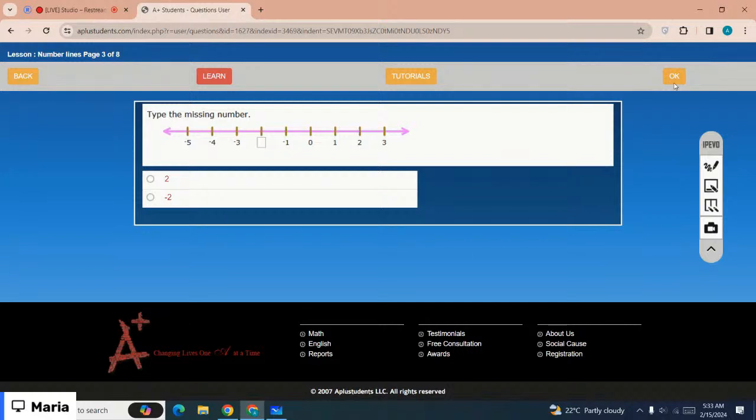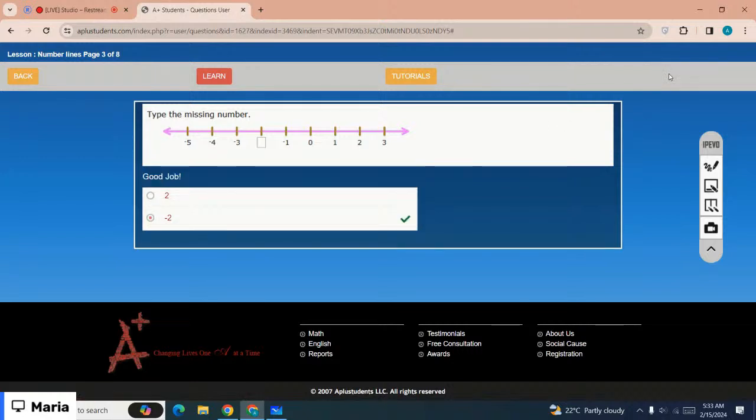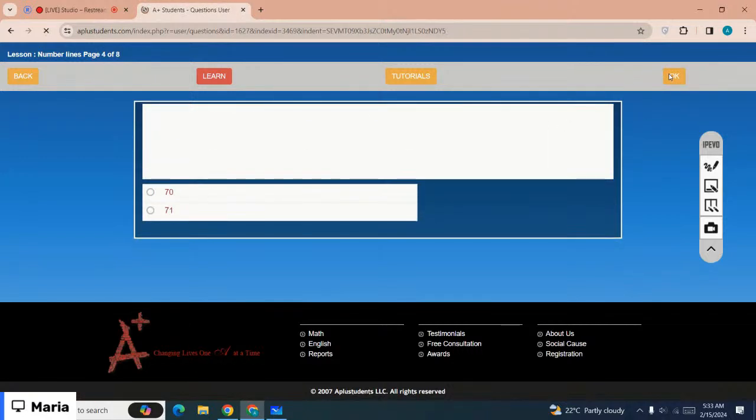The missing number is negative 2. The next one is type the missing number. So, which is the correct option?